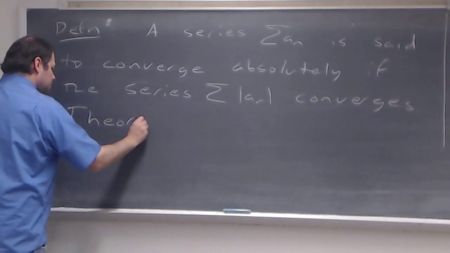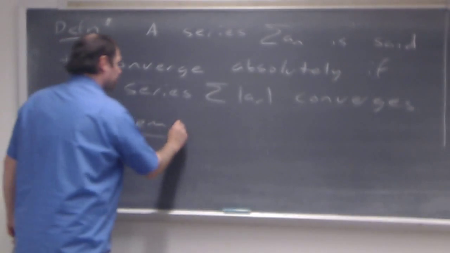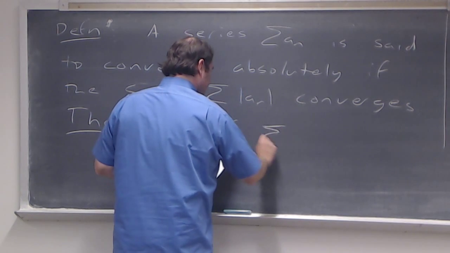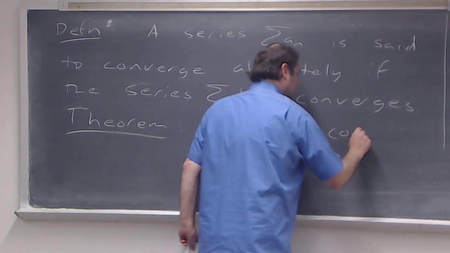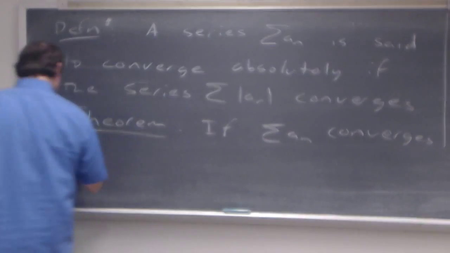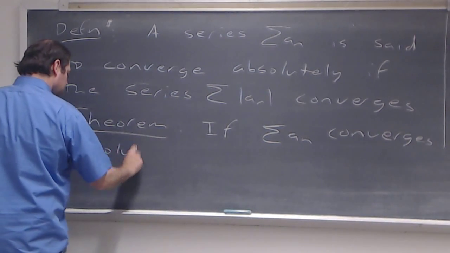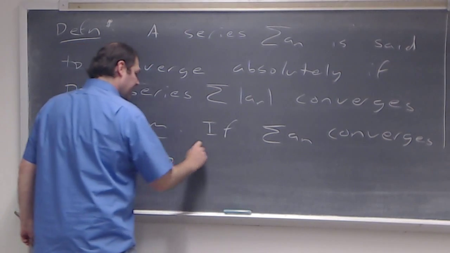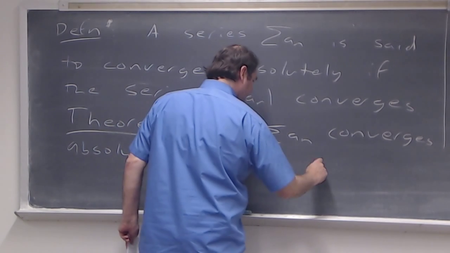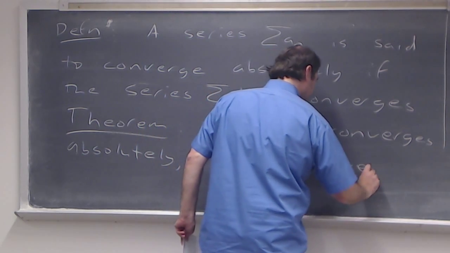As a theorem, if the series of a sub n converges absolutely, then the series a sub n converges.